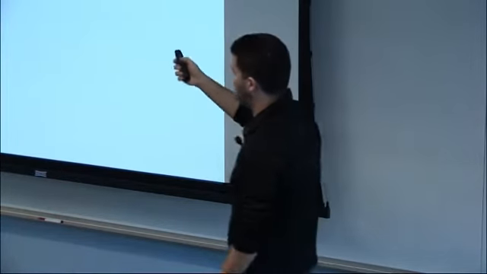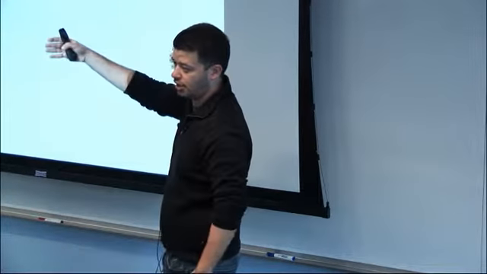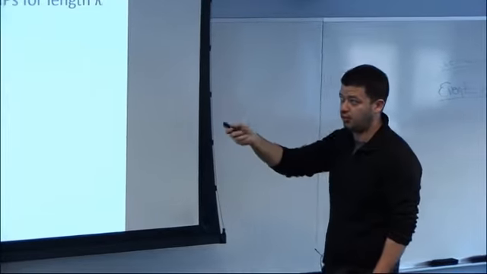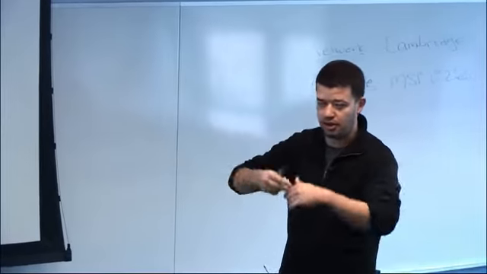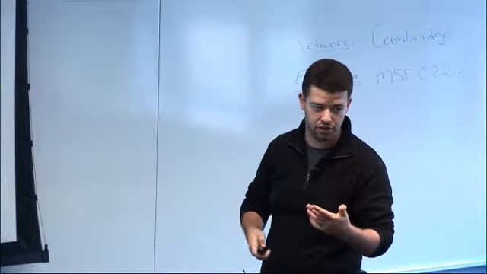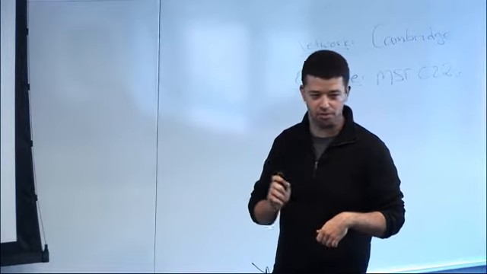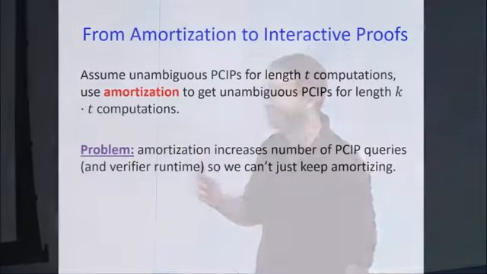First the prover sends over the k intermediate steps. Now we have k unambiguous PCIPs, one for each of these sub-computations. We amortize all of them, and overall we get an unambiguous PCIP for the entire k times t length computation. Question? No. Okay, no questions.